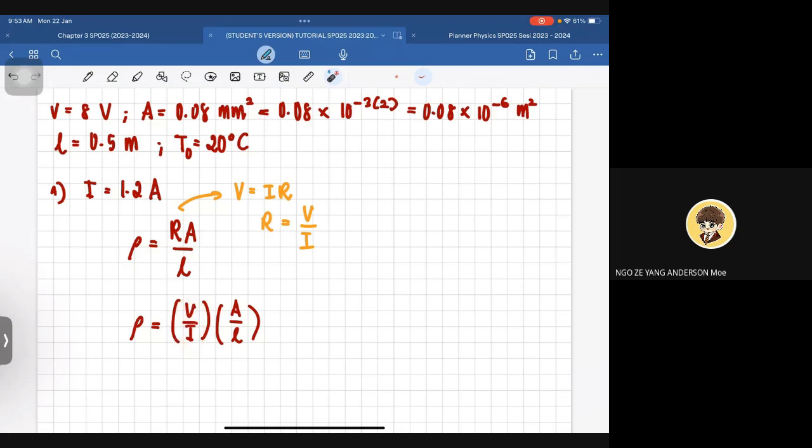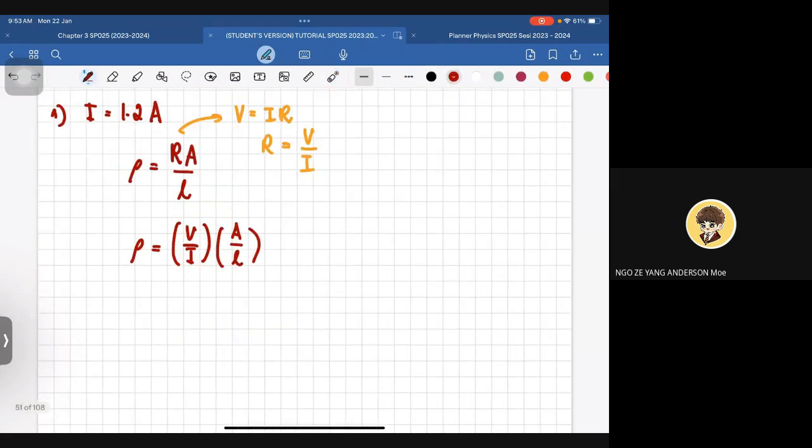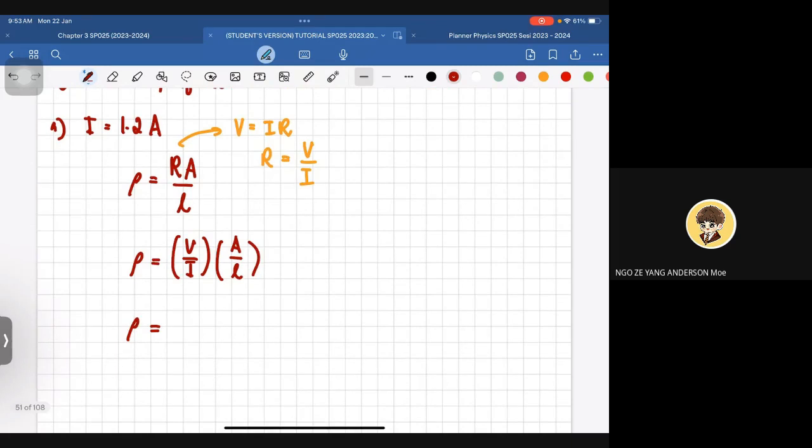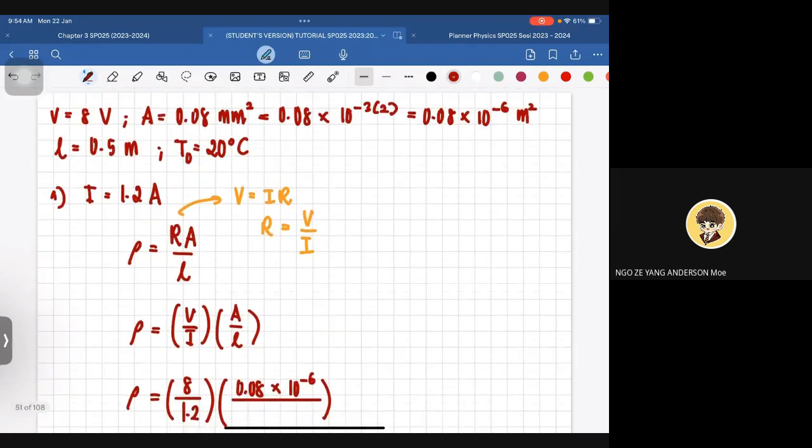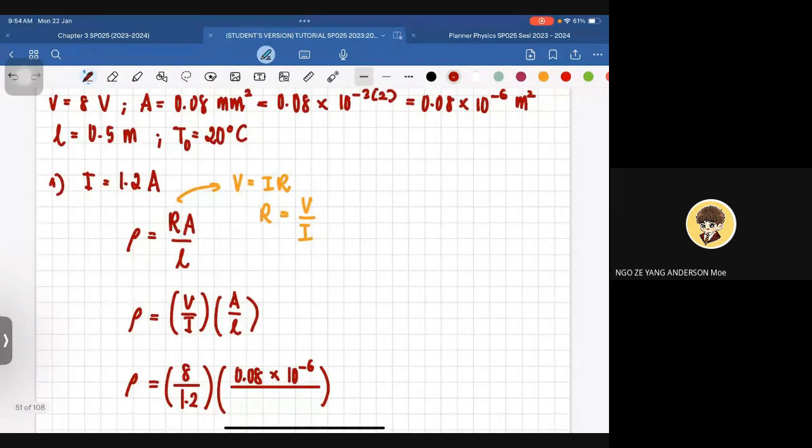Ada, which is 8 and then I is given as 1.2 lah. So from here, rho is, this is 8, this is 1.2, area is 0.08 times 10 negative 6. L is given as, mana L? Oh, 0.5.